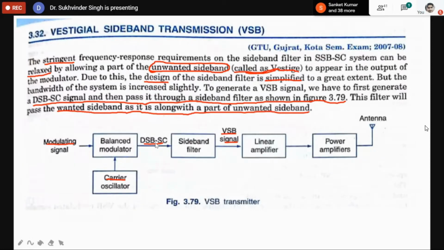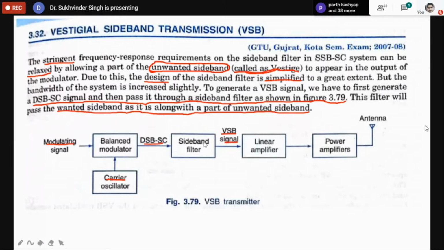So to avoid that and to simplify the circuitry, we make use of this vestigial sideband. That is, we take some of the unwanted part along with the desired message signal.